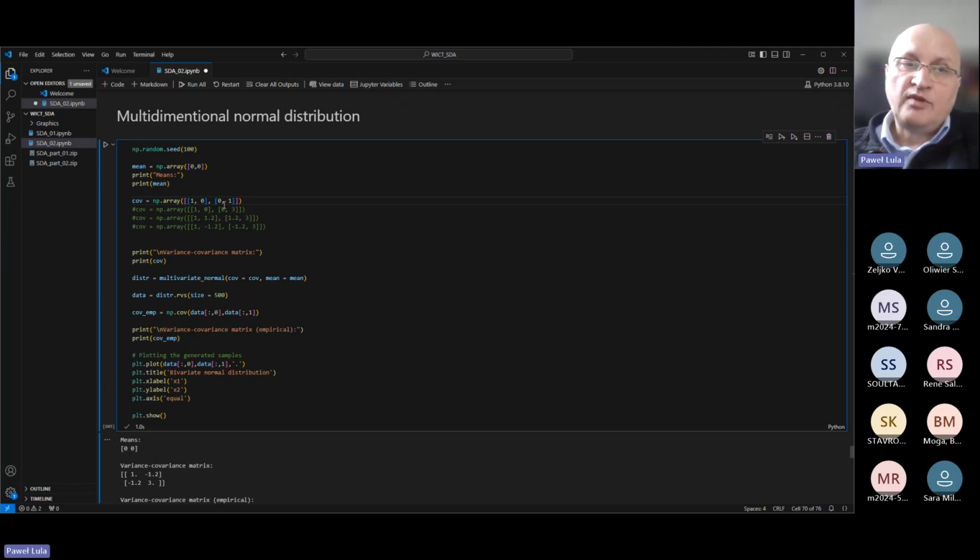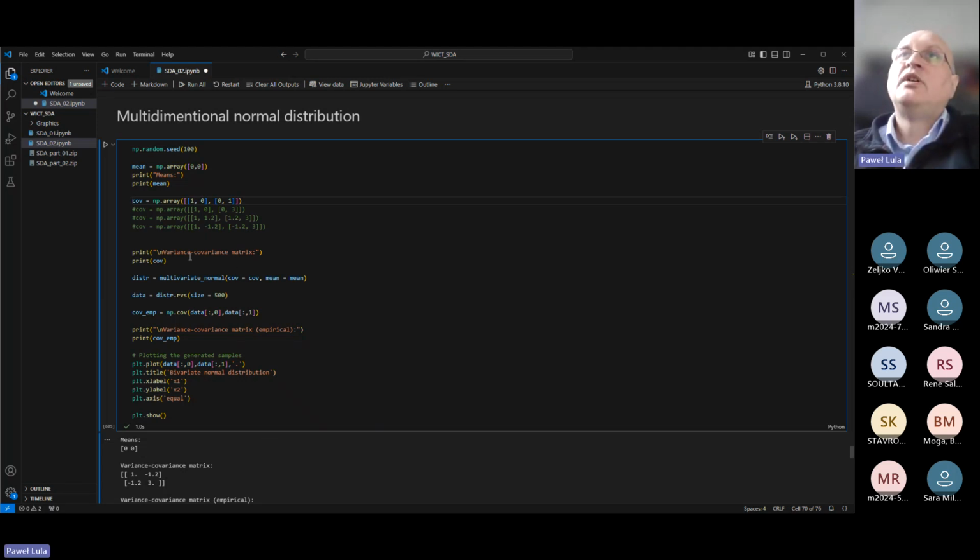It is an example for two-dimensional space. For one variable, we had two parameters, mu and sigma. Mu was used to define the location of these points, and sigma was used for description of the distribution of points in the region defined by the location parameter.